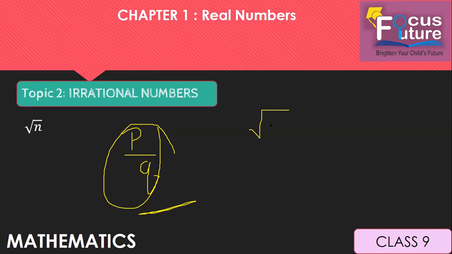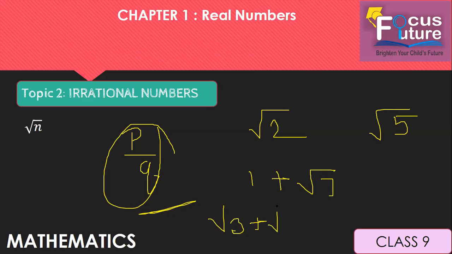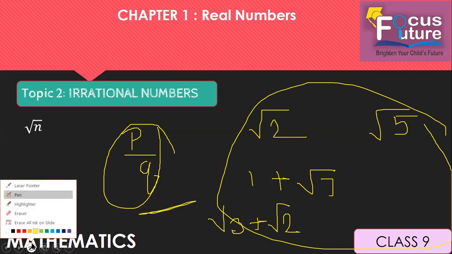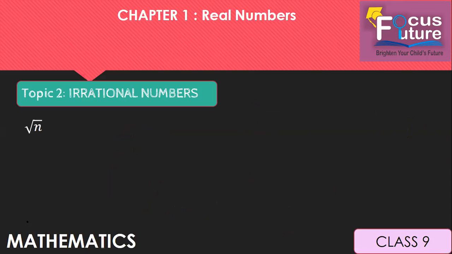Let's say, for example, root 2, root 5, right? 1 plus root 7, root 3 plus root 2. So all these numbers are called irrational numbers. If I need to represent an irrational number on the number line, how would I do that?